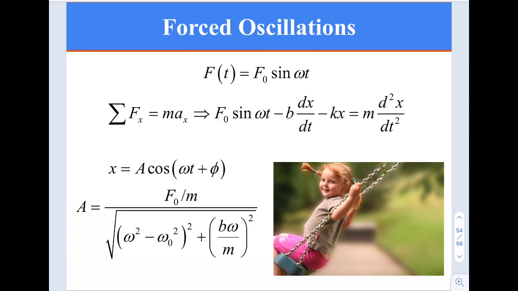And forced oscillation. So whenever you have a damping, you have resistance that is going to slow down the motion, and somehow you want to make it oscillate according to whatever you want. For example, you play with your swing.